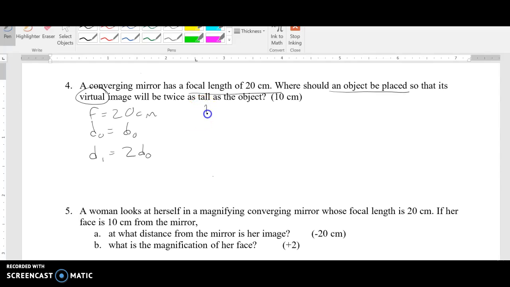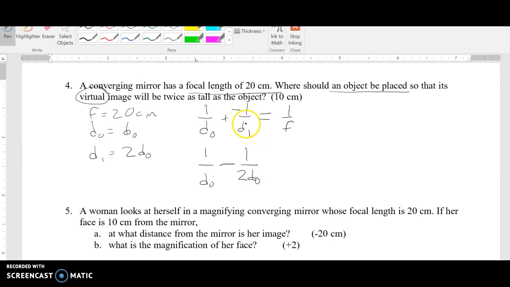So we have this equation, 1 over the object distance plus 1 over the image distance equals 1 over f. But because it's a virtual image, the image distance will be negative. So we're going to say 1 over dO minus 1 over 2 dO.